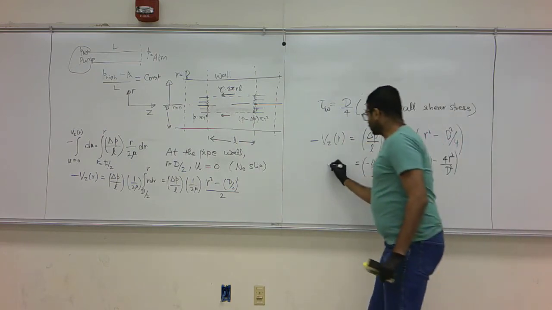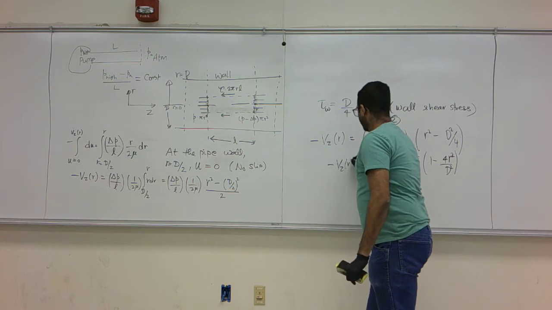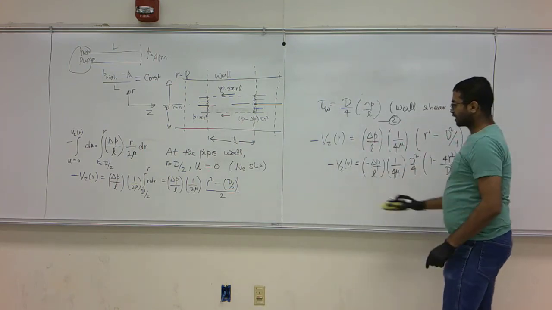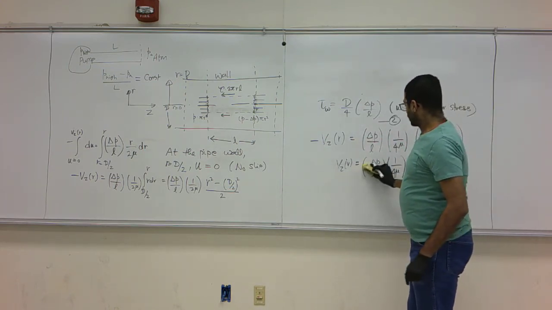This is equal to minus Vz of r. Since I have a negative sign on both sides, I can remove that.